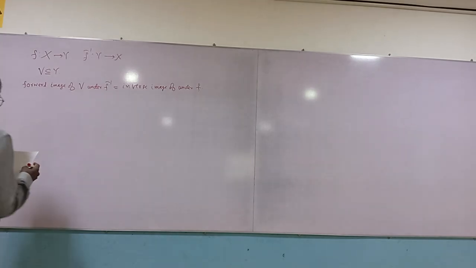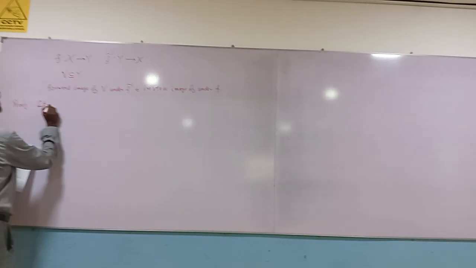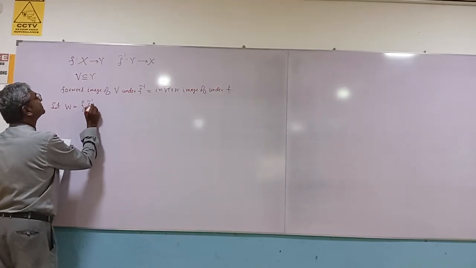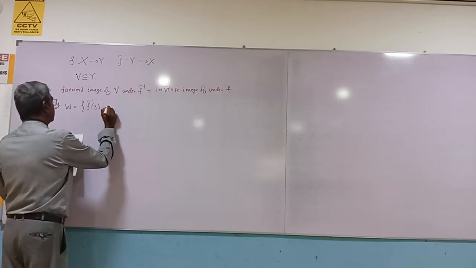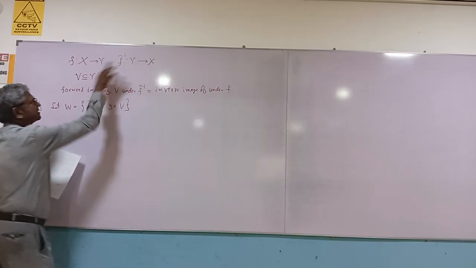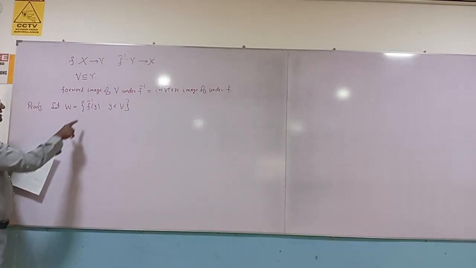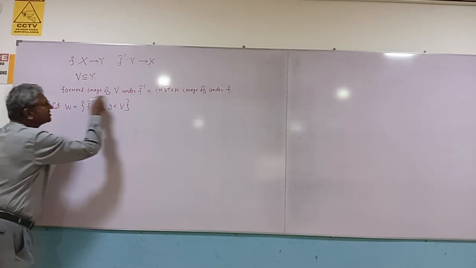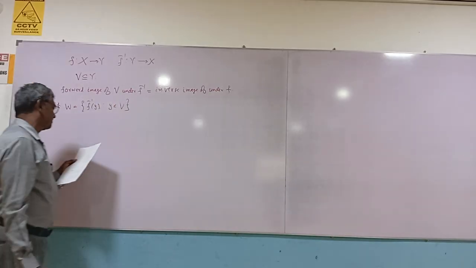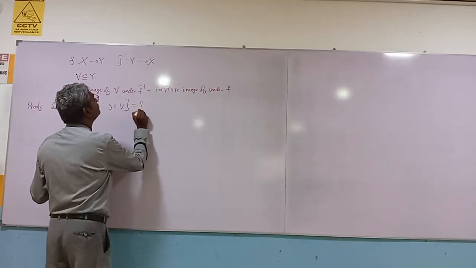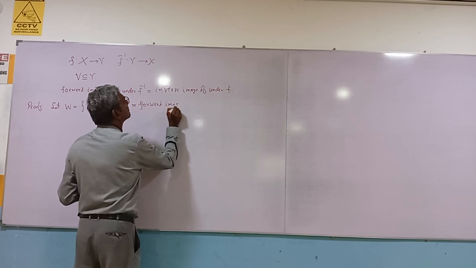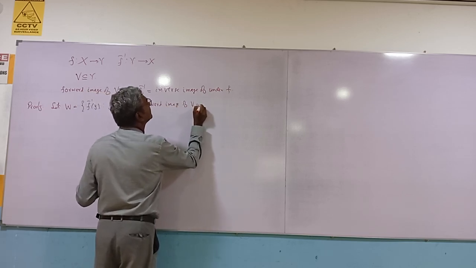I have written, let W equal the set of all f inverse y, y belongs to V, because V is a subset of Y. This is the forward image of V under f inverse.